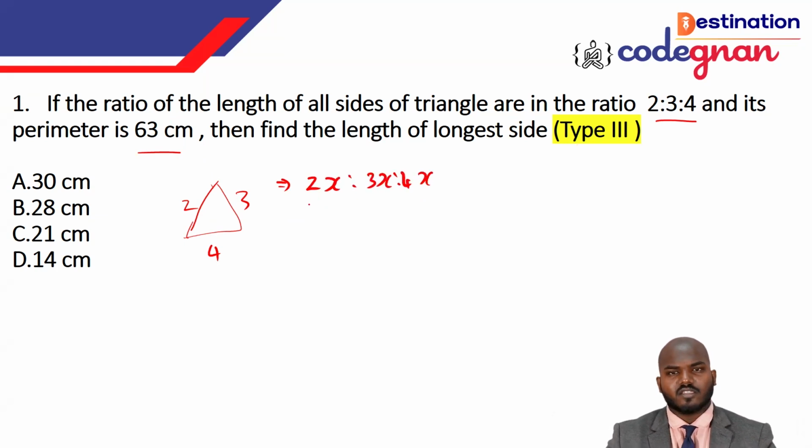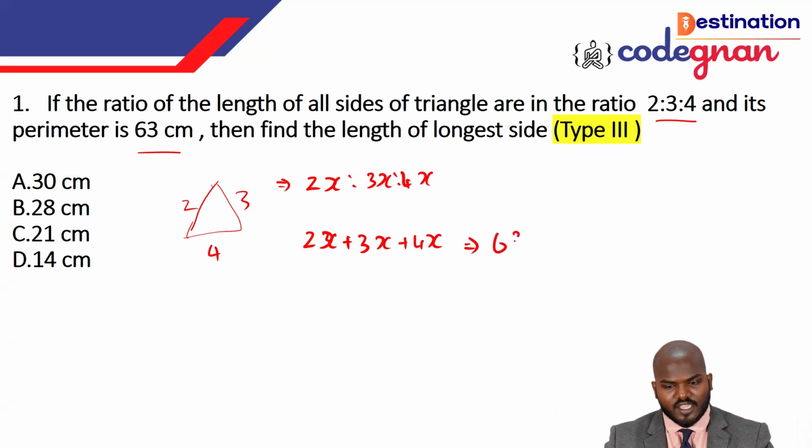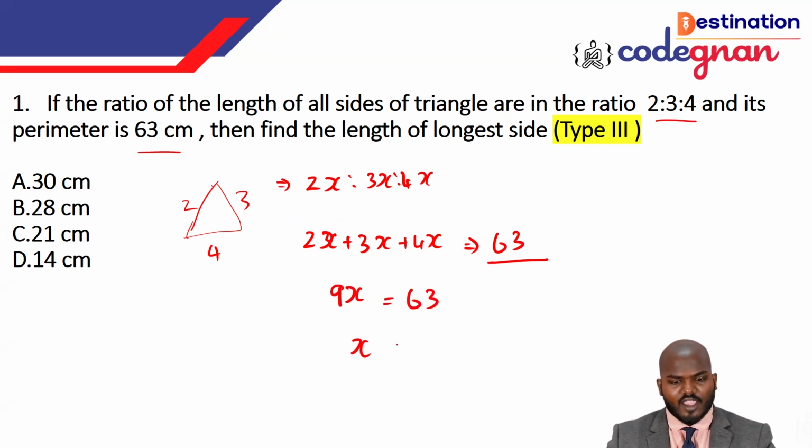The perimeter means summing all the lengths of the sides: 2x plus 3x is 5x, plus 4x gives 9x. So 9x is equal to 63, which gives x equal to 63 by 9, that is 7 centimeters.